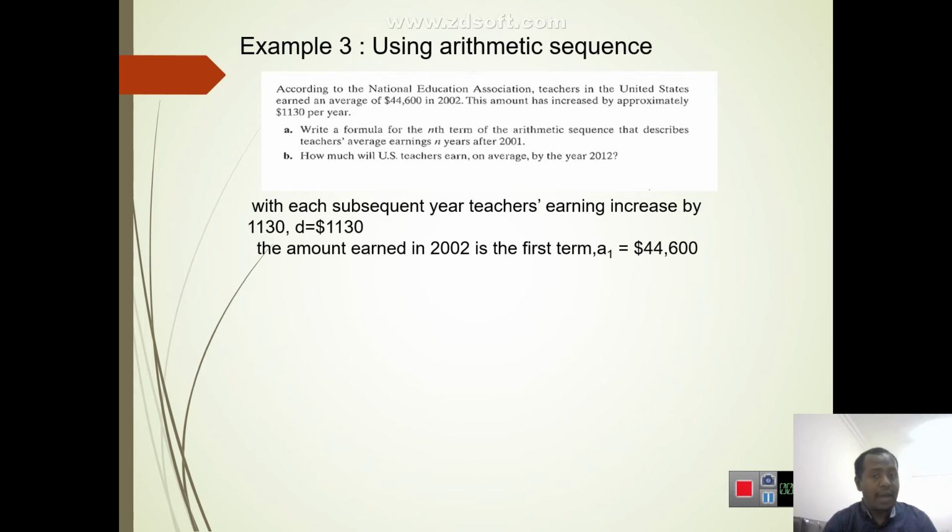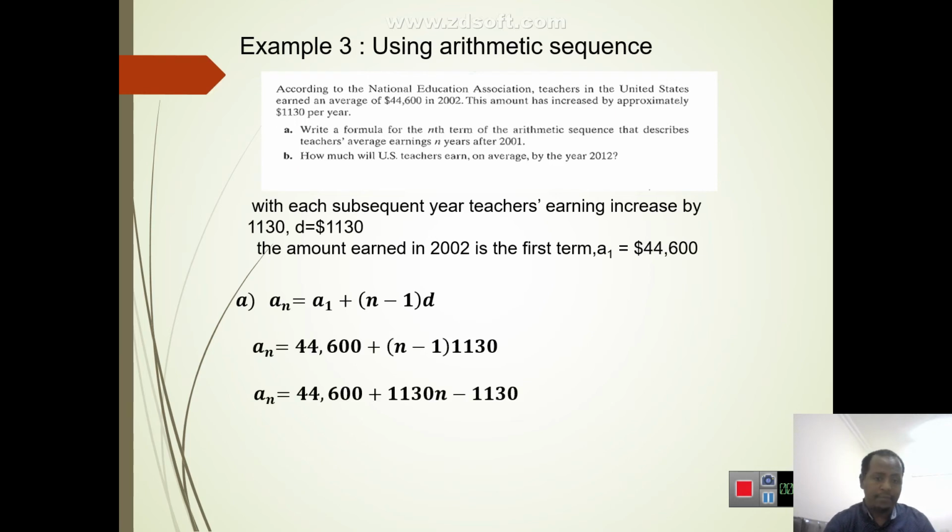So I can write the general formula for the arithmetic sequence. As we said earlier, a sub n is equal to a1 plus n minus 1 times d. I just plug the values of a sub 1 and d into our formula.